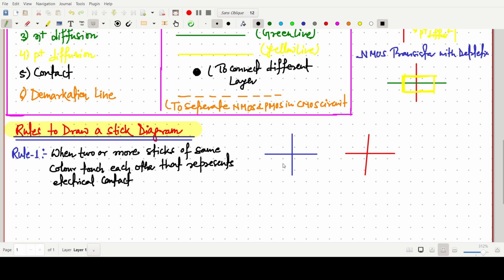It means if two polysilicon are there, they are connected. Electrical contact is there.